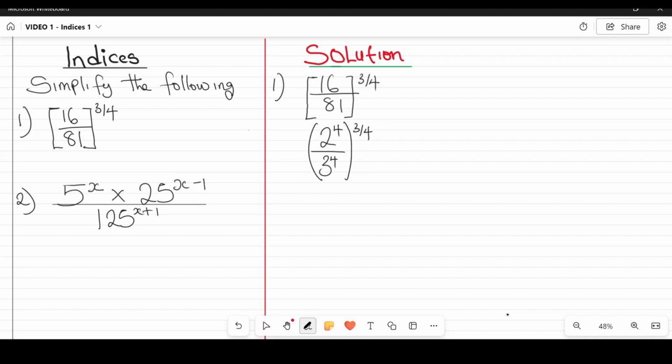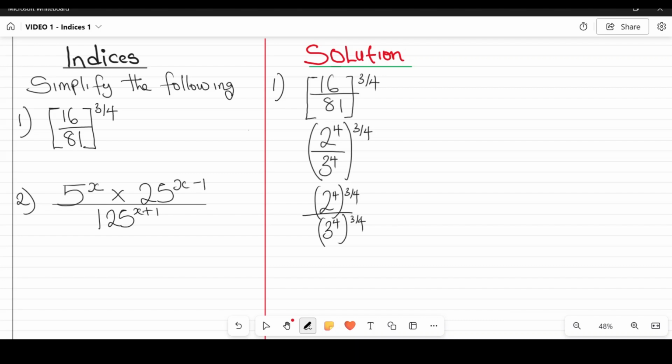Now at this point, what we do here is to spread the powers over both the numerator and the denominator. So we have 2 raised to the power of 4, all raised to the power of 3 divided by 4, divided by 3 raised to the power of 4, all raised to the power of 3 divided by 4. Now, if you watch, at this point, we establish that in power law, the indices will multiply themselves.